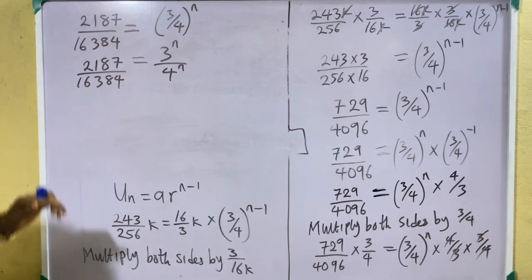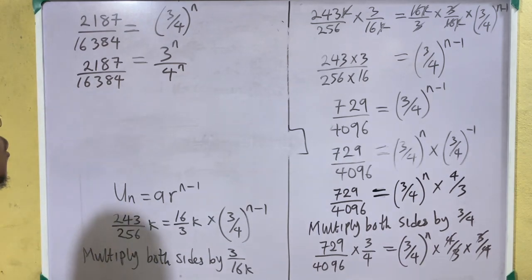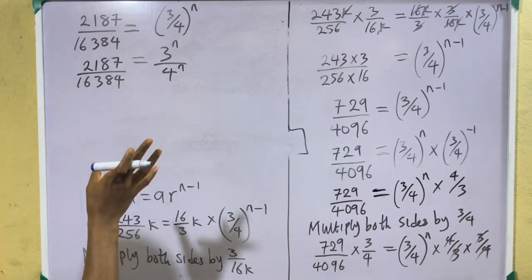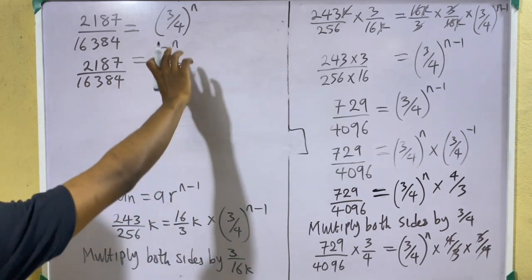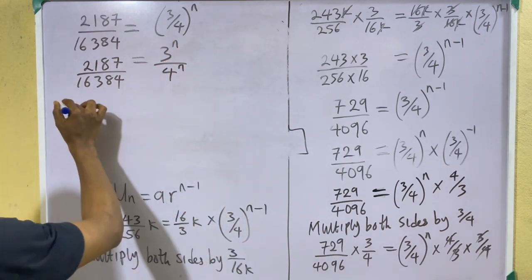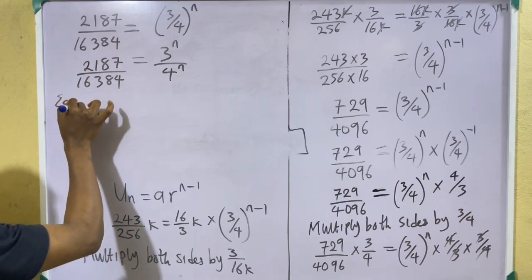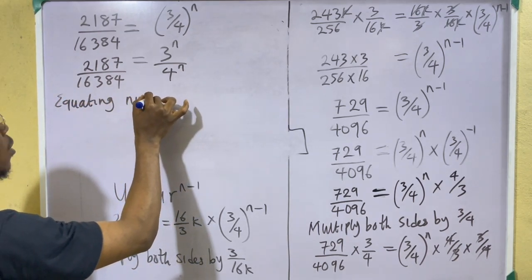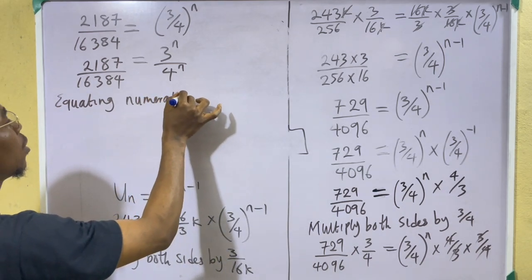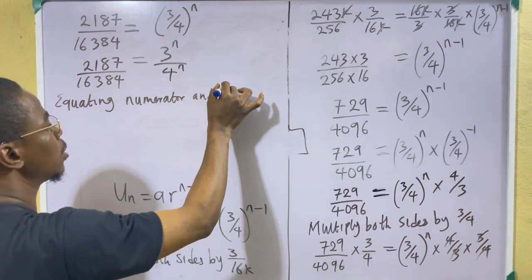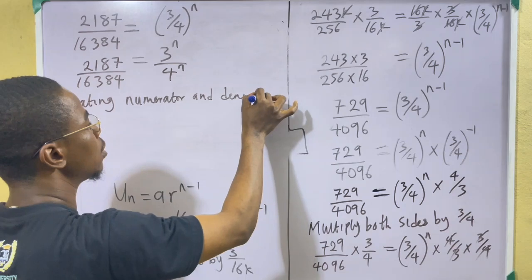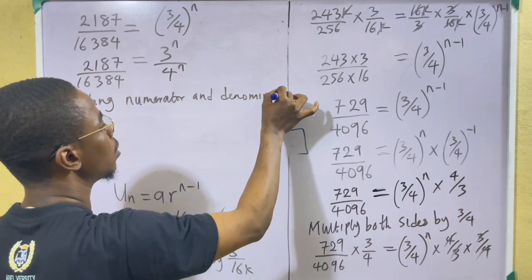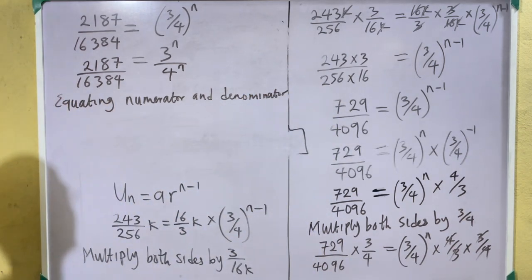Now from here, let's observe. We can simply equate the numerators and the denominators because the powers are both the same on one side. So we can say, equating numerator and denominator.